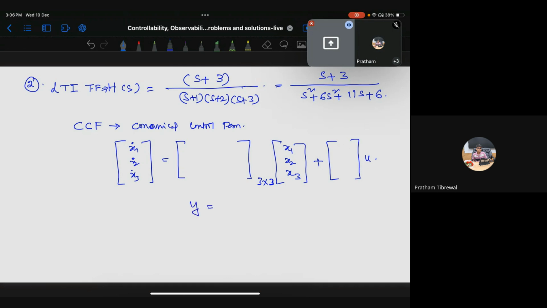Similarly, y is written in terms of x1, x2, x3.